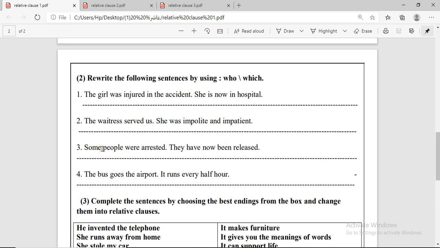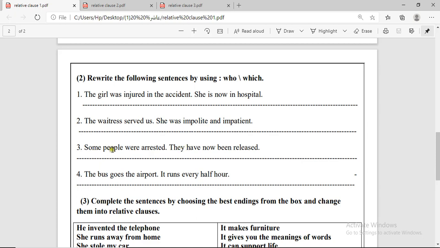Some people were arrested. They have now been released. Okay, we are talking about people, not things. So we have to use who or which. Who? Yes. Some people who were arrested, we have to delete they because we are talking about people.